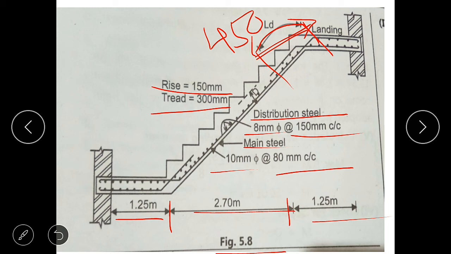Here we provided LD, here also LD, and this portion is called the landing. This portion is also landing. Landing is 1.25 meter. This diagram is compulsory: after solving the numerical, it's compulsory to draw a diagram, where we show the distribution steel and main steel.